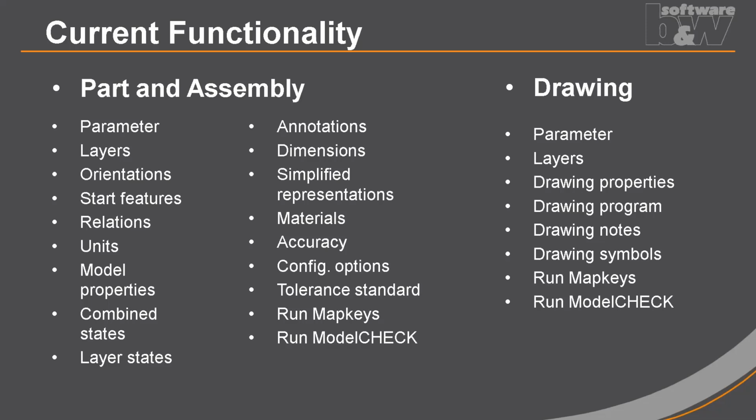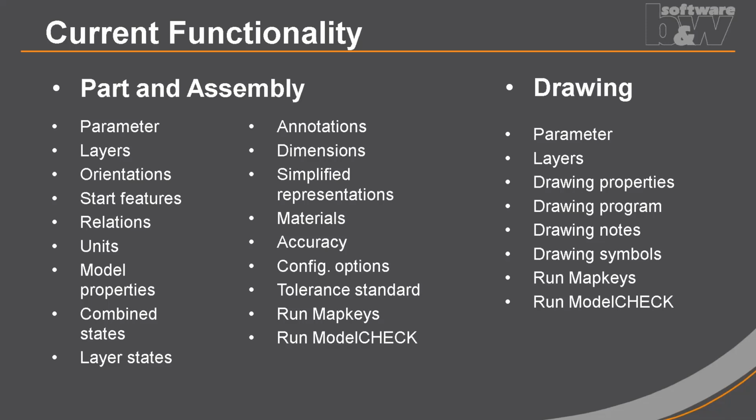So combined states, layer states, annotations, dimensions, and simplified representations are all together in this. You can also replace materials. If you have old materials you want to get rid of, you can just run this in batch mode over many parts, and replace all the materials with this functionality.